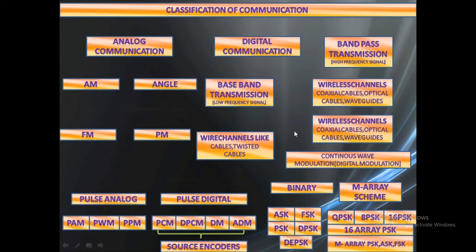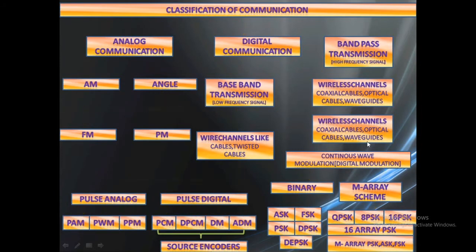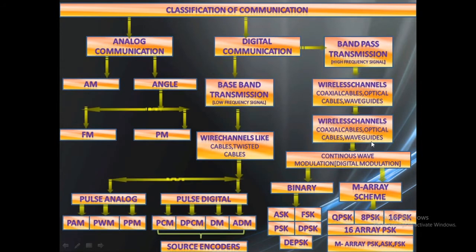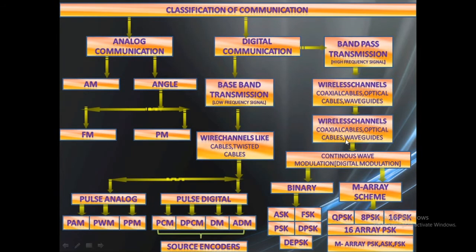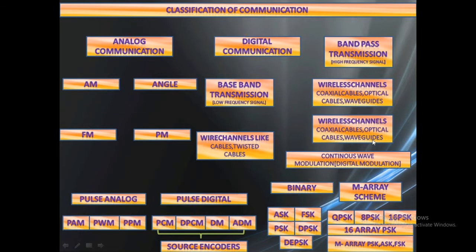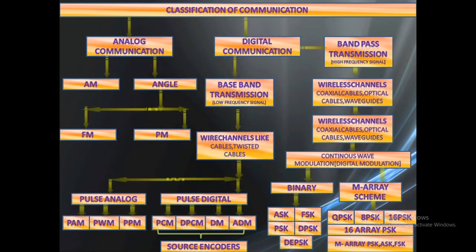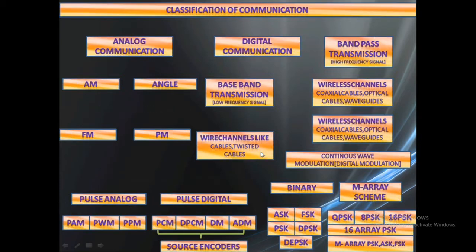In band pass transmission, we use wireless channels mainly, including coaxial cables, optical cables, and microwave guides. Here we use a digital modulation technique.